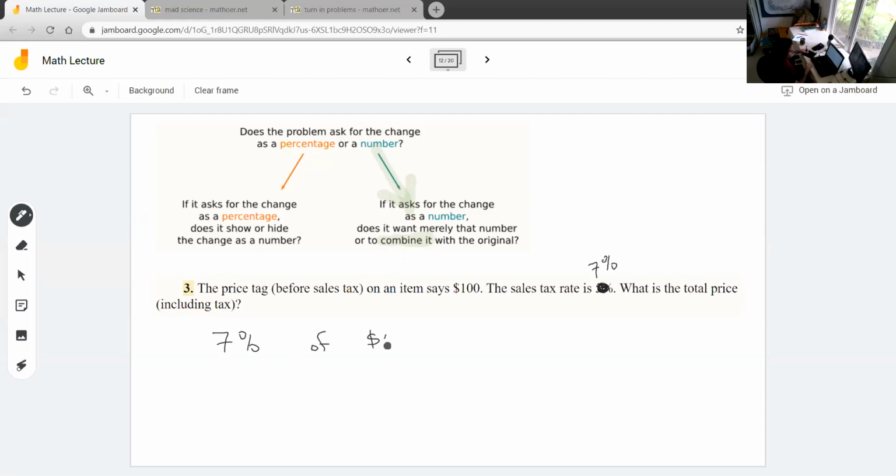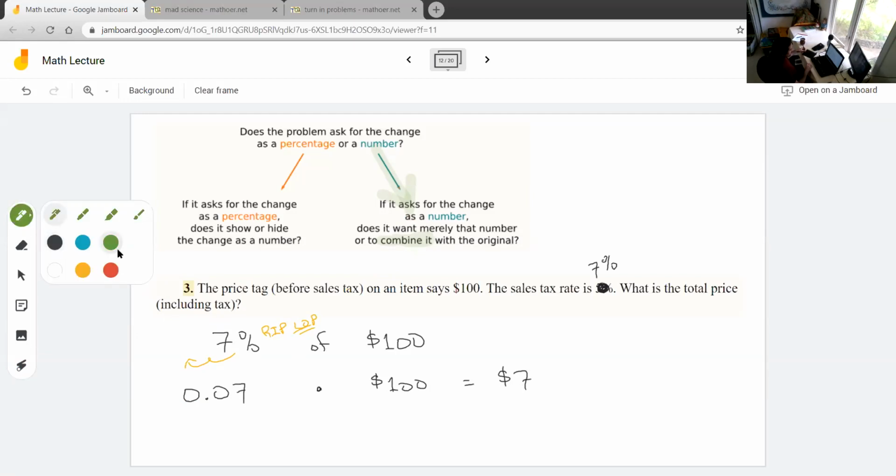of 100. Of becomes times. Then I have to take the 100, combine it with that 7, and I get my answer.